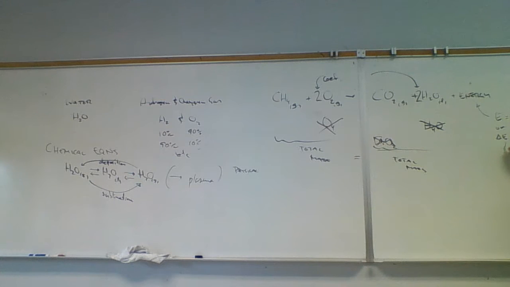Yeah. And so E is energy, m is mass, and c is the speed of light, which is a constant in a vacuum. And so that means any energy change is associated with a small mass change.